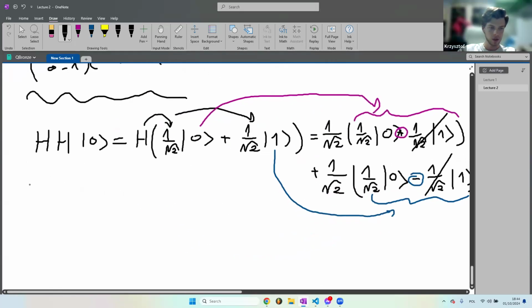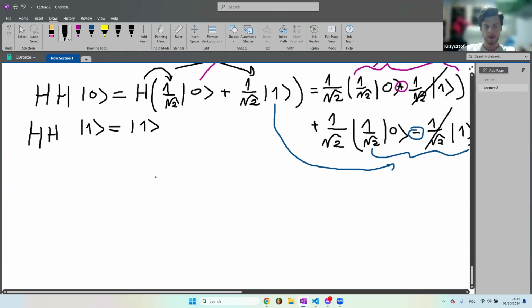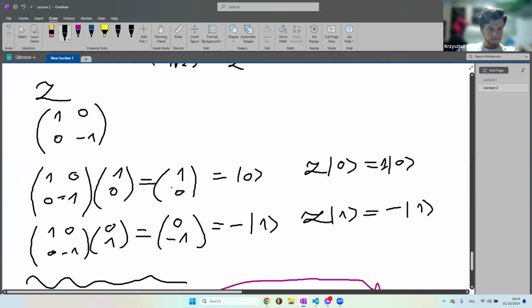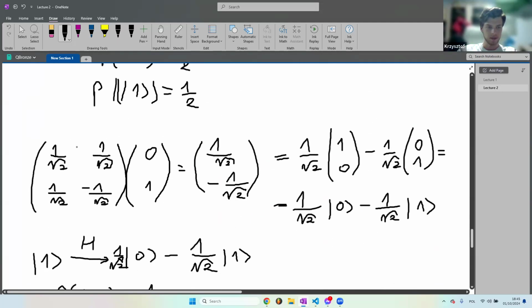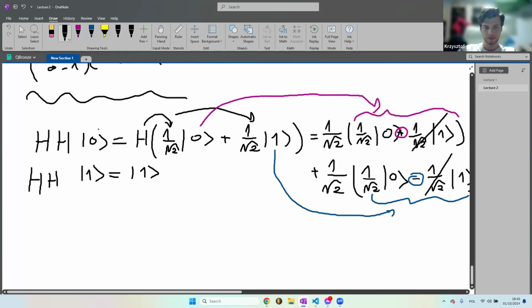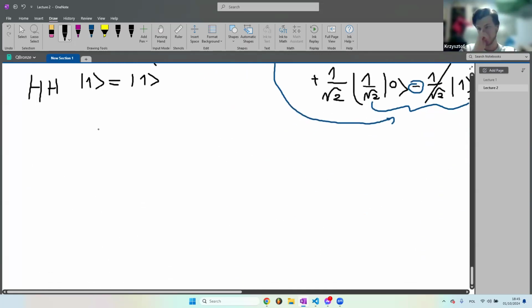And you can also show that applying the Hadamard gate twice to state 1 will also result in 1. And this is true also for the Z gate and for the X gate, the NOT gate.